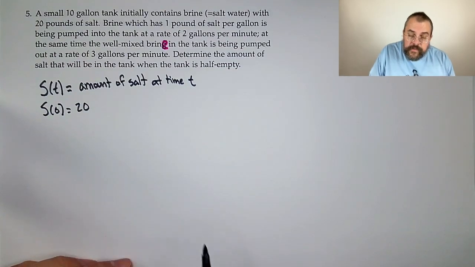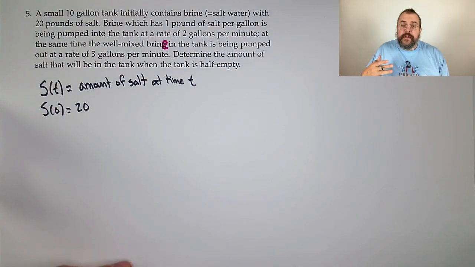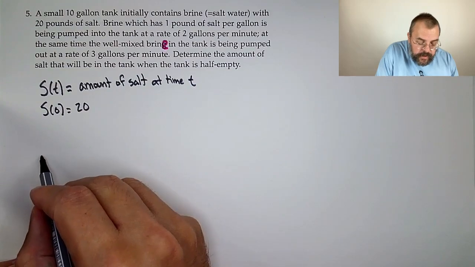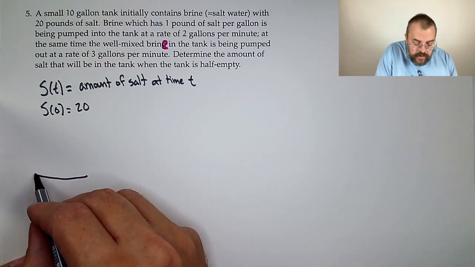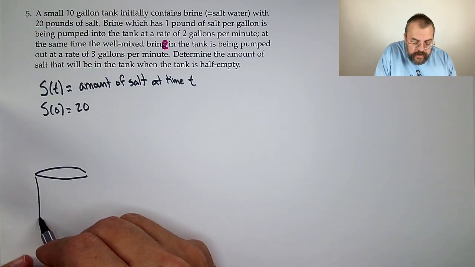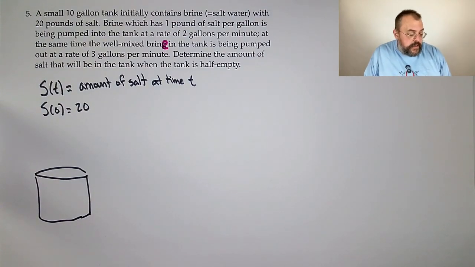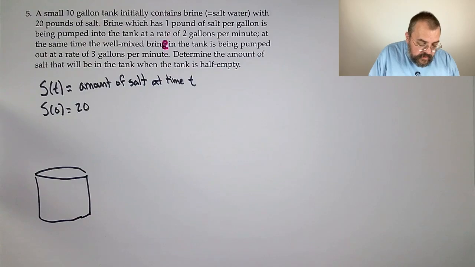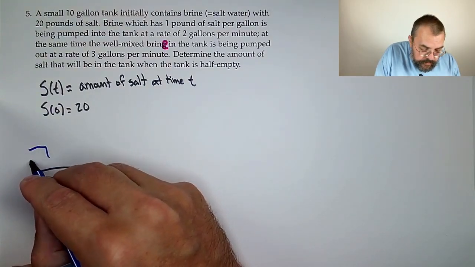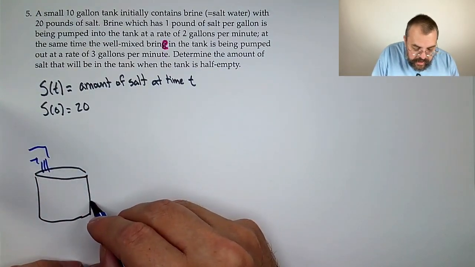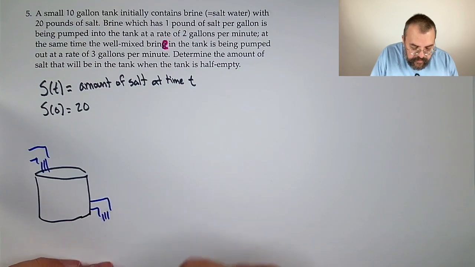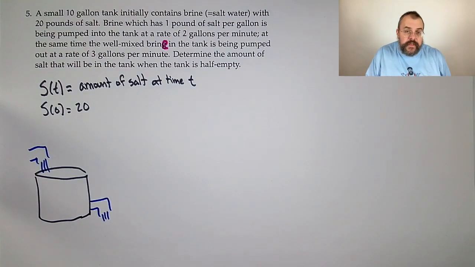And now, the other thing we know is that things are happening. So our picture here, we have our tank, and there's stuff coming in, and there's stuff going out. All right, so what do we have?